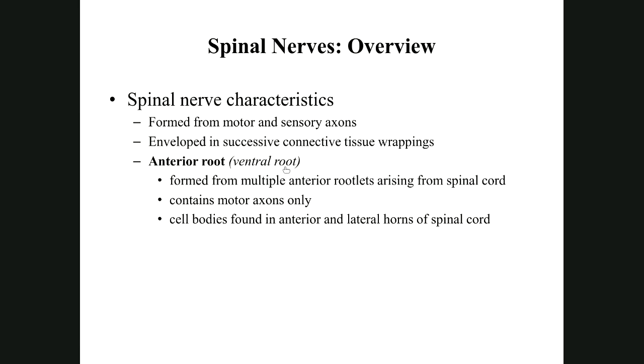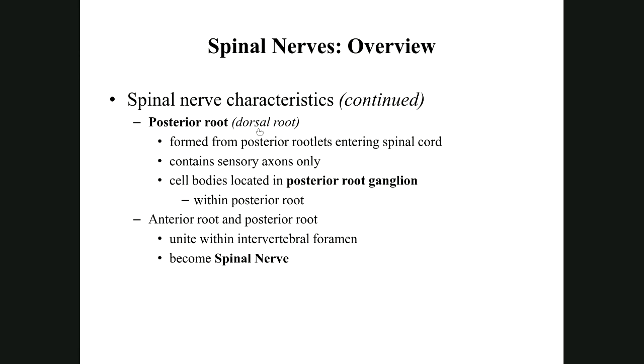And so the anterior or the ventral root, and I've already mentioned this, and you need to make sure that you know this, is motor out. So the anterior root takes the motor information out, and the posterior root or the dorsal root takes sensory in. Okay, so sensory comes in the back and motor goes out the front.